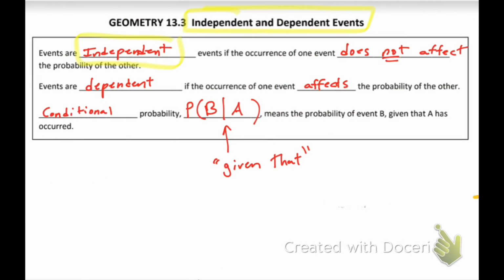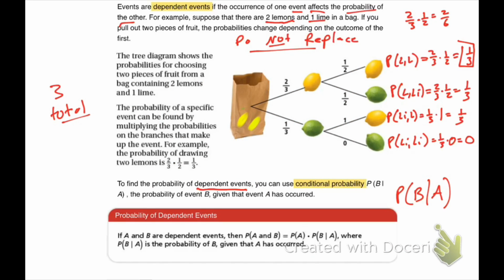So going back to this, we're assuming that one event occurs before we calculate the probability of the other. So when I was looking at this top row here, the second event, of pulling the second lemon, I was assuming that I already pulled my first lemon. So that's a conditional, this one right here, that probability is a conditional event because I'm assuming the first lemon was pulled.